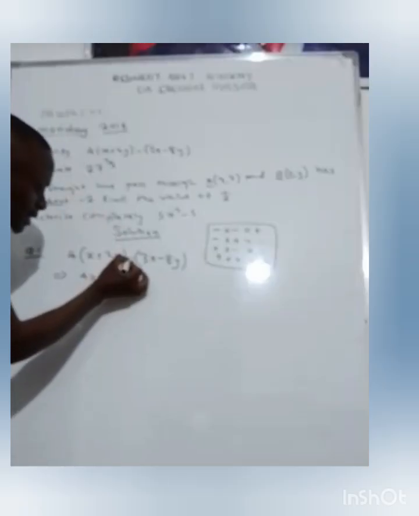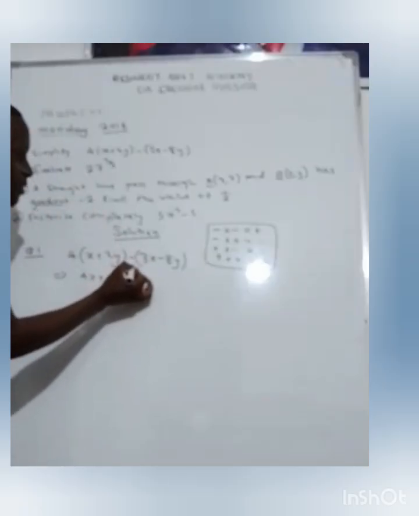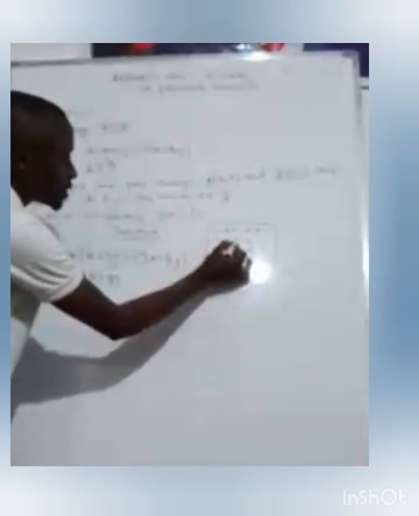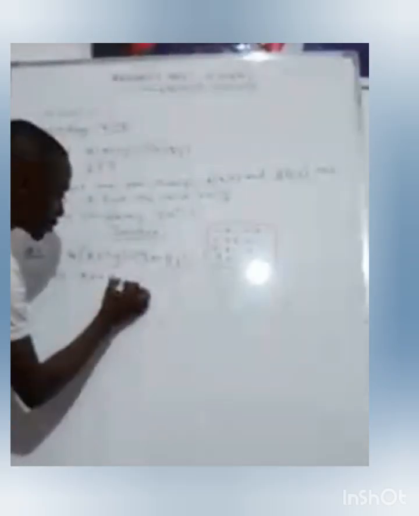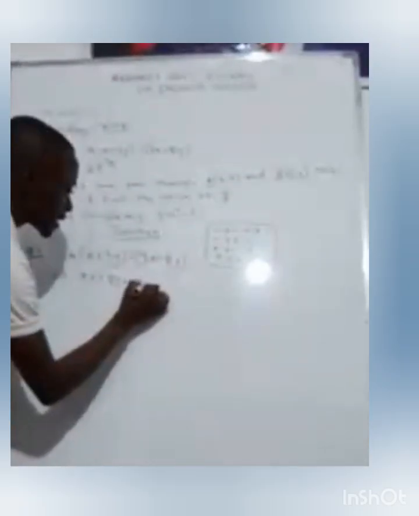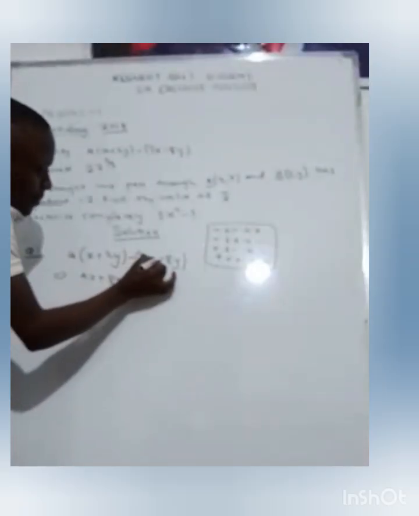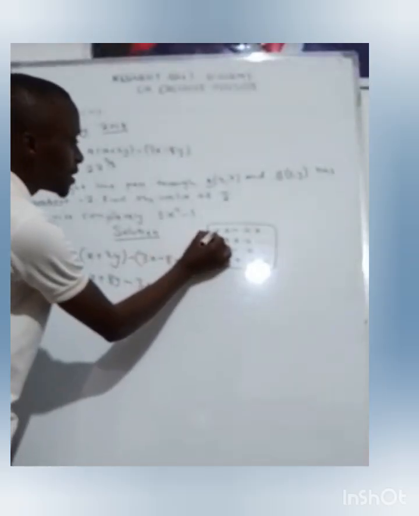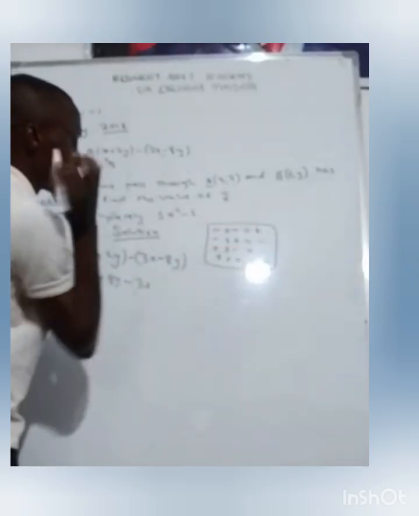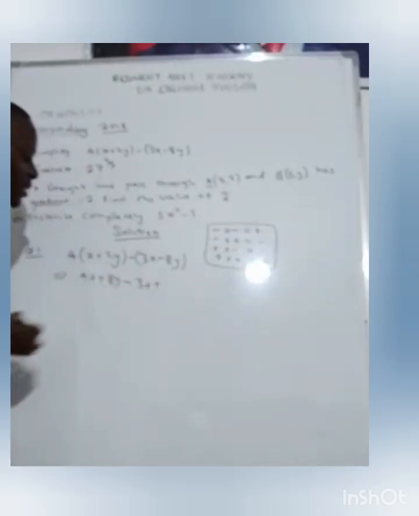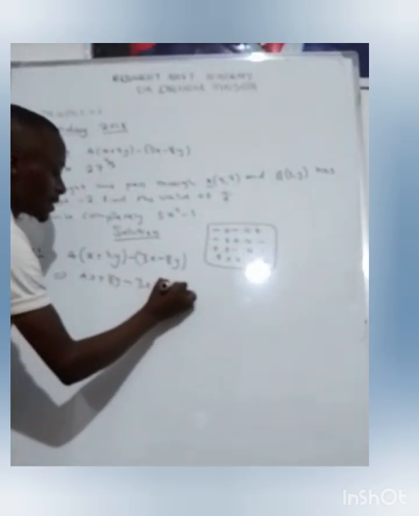Negative times positive is what? It's negative. So this side it will be 3x with a minus. Again, negative times negative is what? It's positive. So you put a positive. This is 8y.